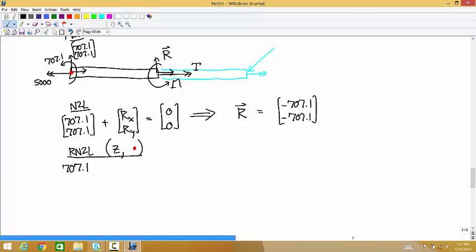The moment M? Yes. The torque T? No. And then the y component of the force at the right end applies a moment. The x component doesn't apply a moment because its line of action goes right through the about point.